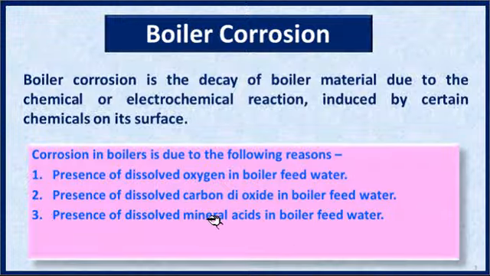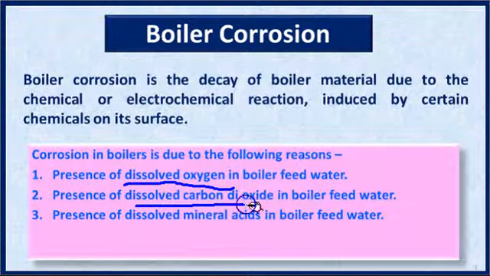And what are these chemicals? These chemicals include dissolved oxygen in the boiler feed water, dissolved carbon dioxide in the boiler feed water, and dissolved mineral acids in the boiler feed water.